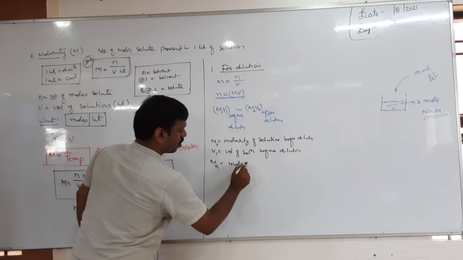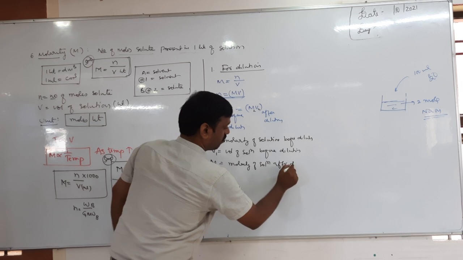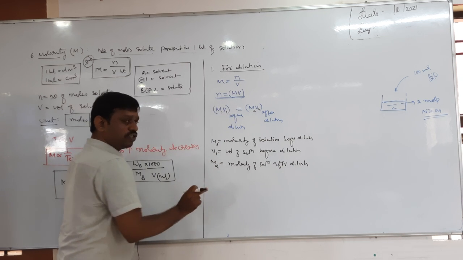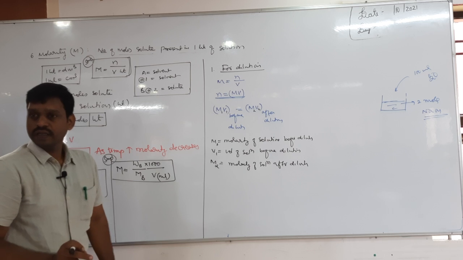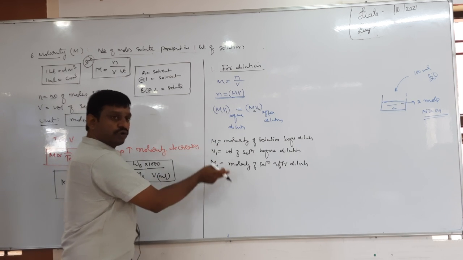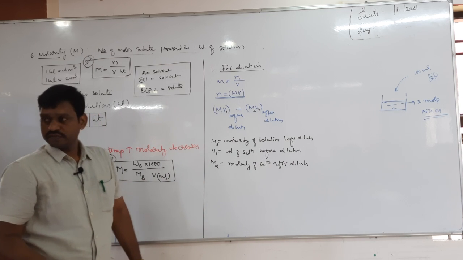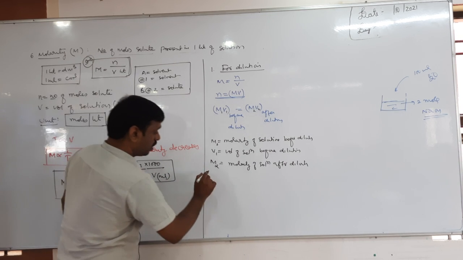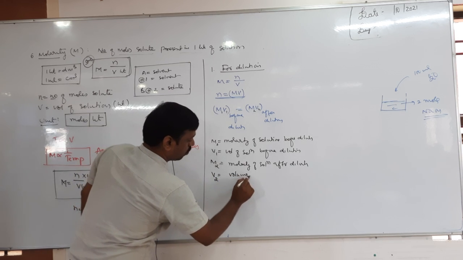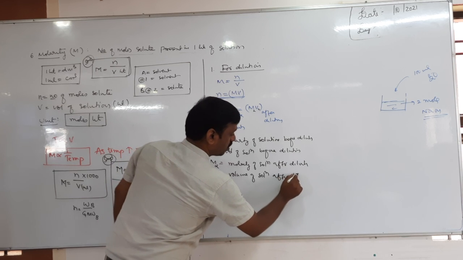Molarity of the solution after dilution. Now tell me, when you compare M1 and M2, which is greater? M1 is before dilution, M2 is after. So obviously M1 is more compared to M2. Then what is V2? It is the volume of solution after dilution.